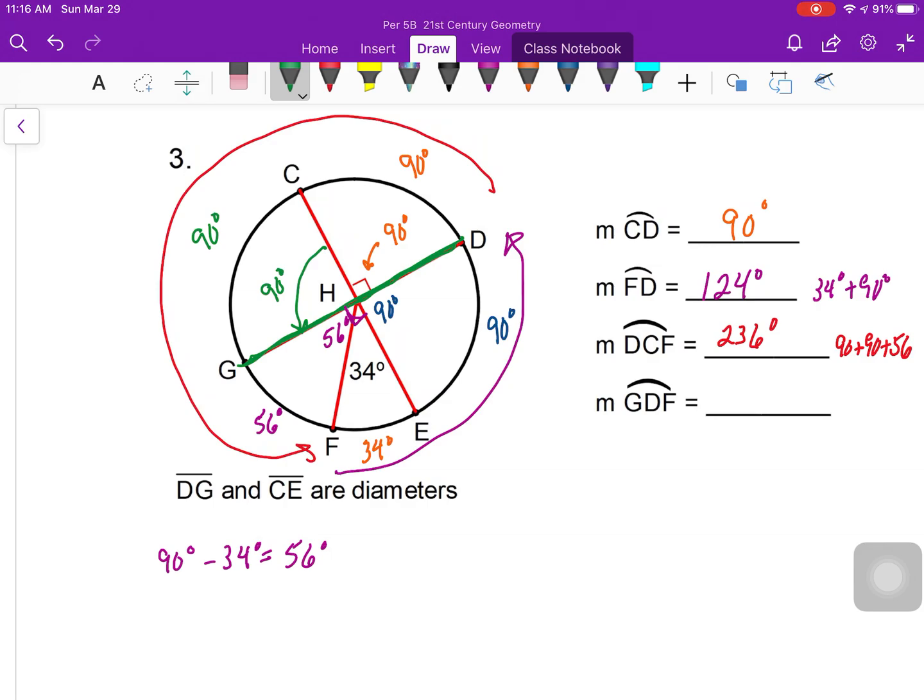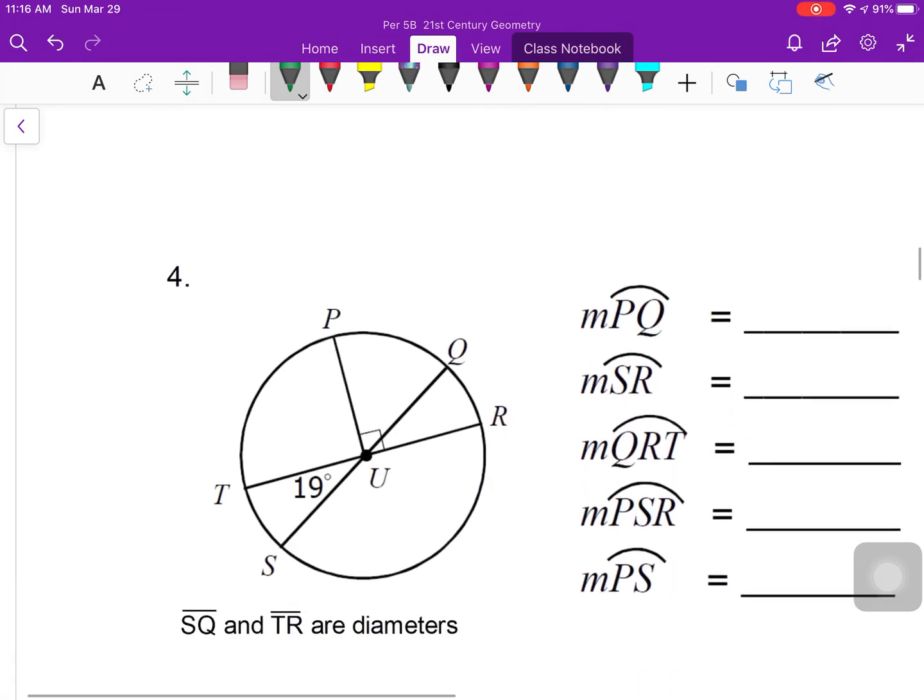G to D to F. G through D to F. Well, that's almost a full circle. 360 minus 56. G through D to F. 304.